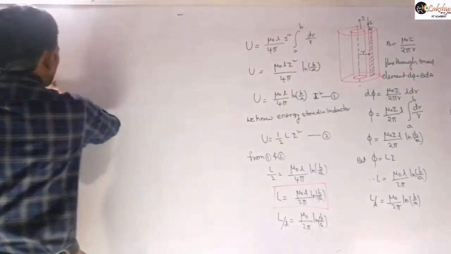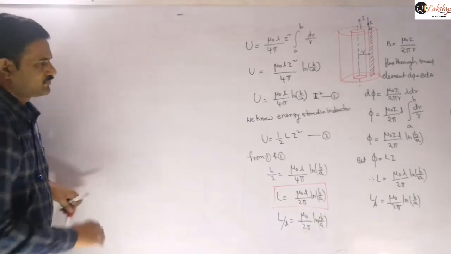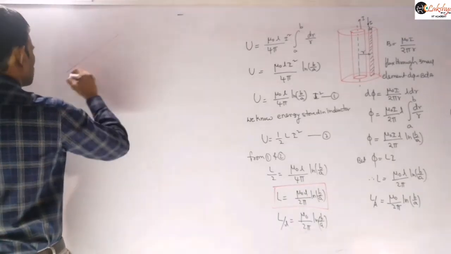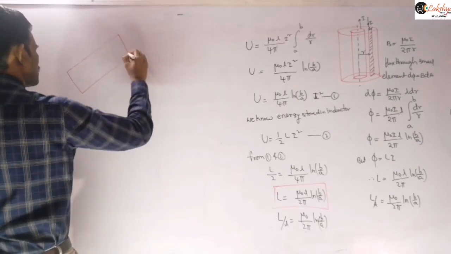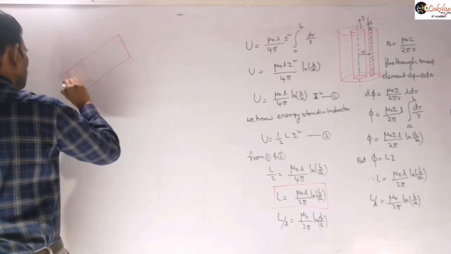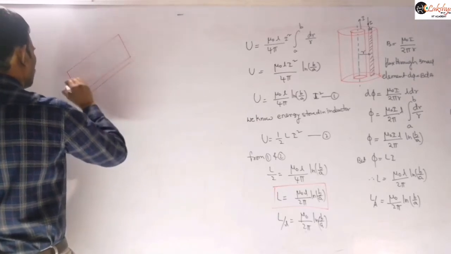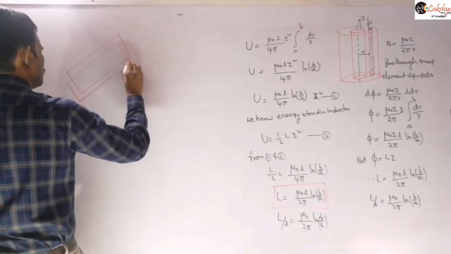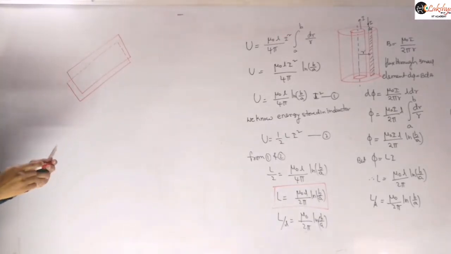I will give another problem and you solve that problem. That is said to be the double tape. So one plane will be there, and another plane will be there like this, parallel, one above the other.